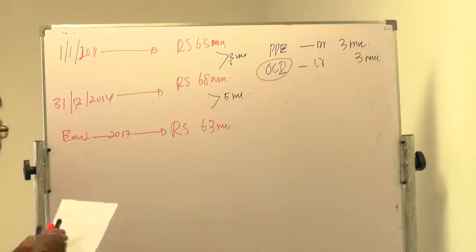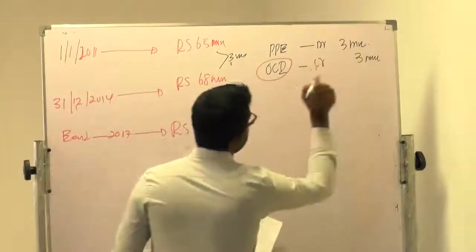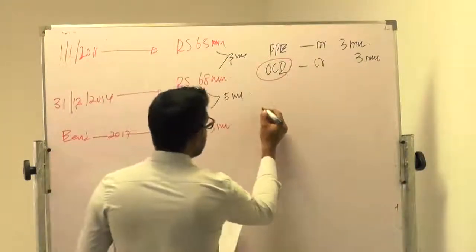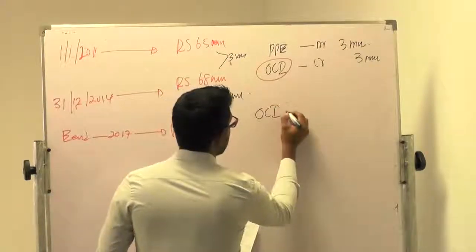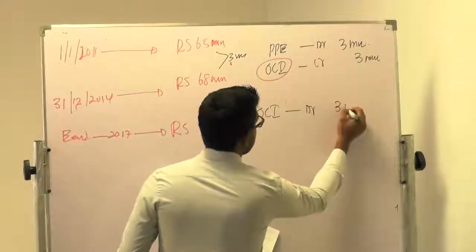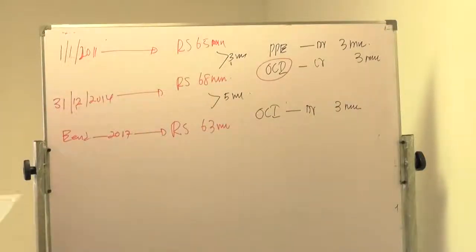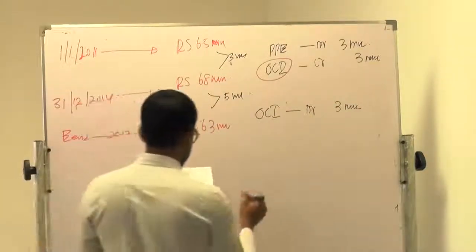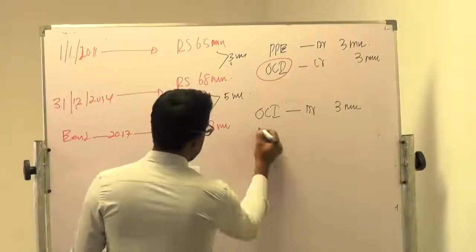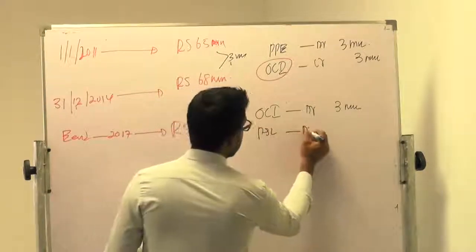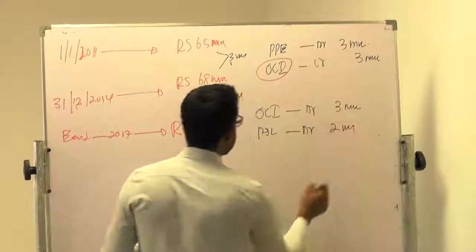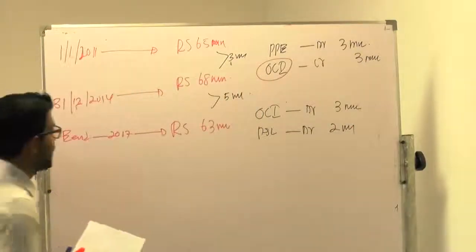Therefore, you have credited already 3 million to OCI, so debit OCI 3 million, the maximum you can recover. Why? 5 million is there as a loss. So the balance you can debit to profit and loss account, only 2 million.